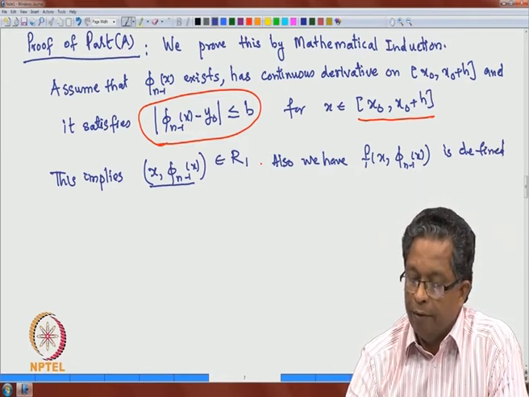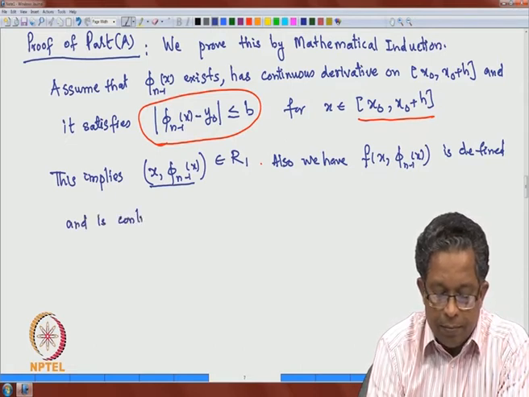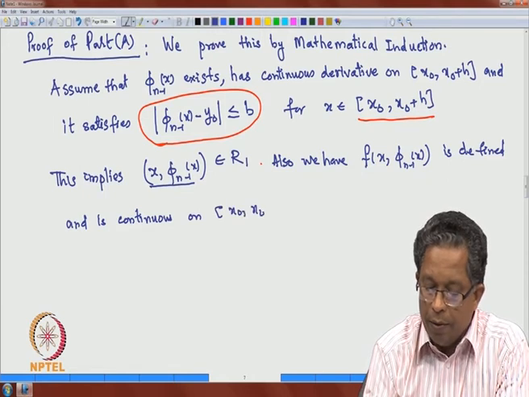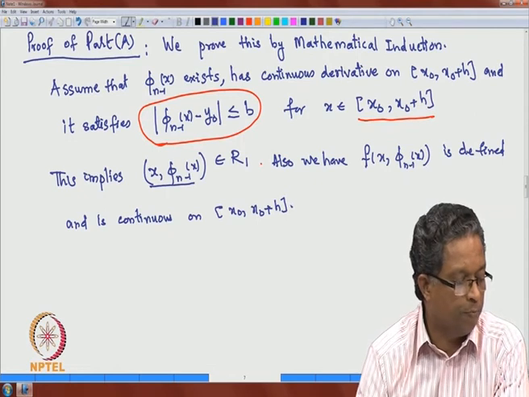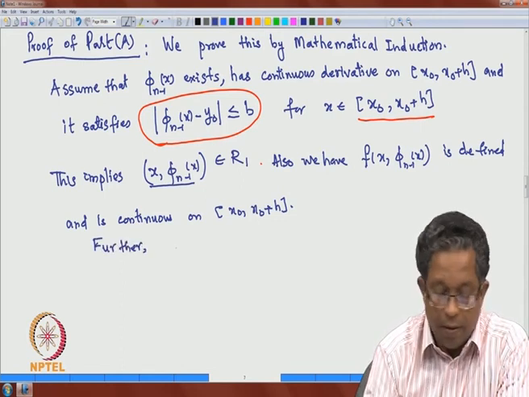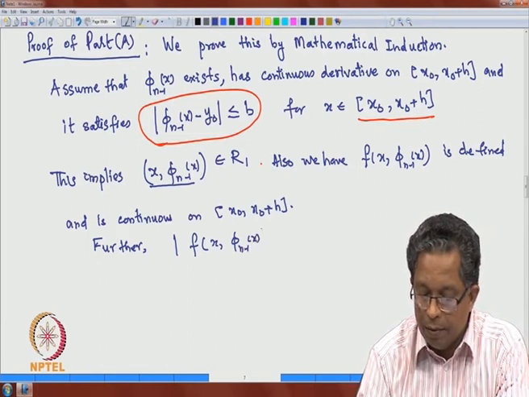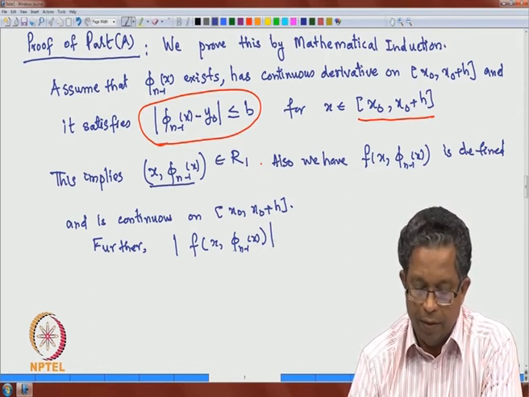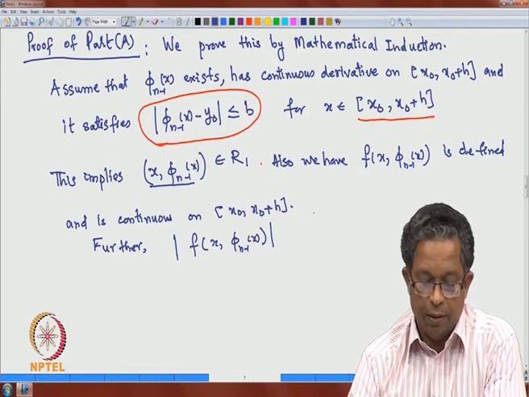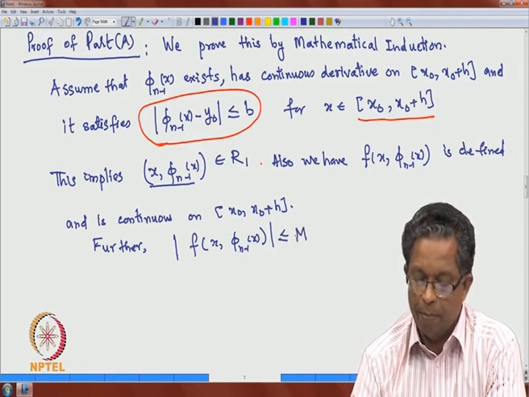and phi n minus 1 is continuous and f itself is continuous, so it is defined and continuous with respect to x on x0 plus or minus h. Further, if we evaluate the function f at x, phi n minus 1, since that is in the rectangle R1, it can be evaluated, because f is defined on R1, and it has a bound less than or equal to M by hypothesis.